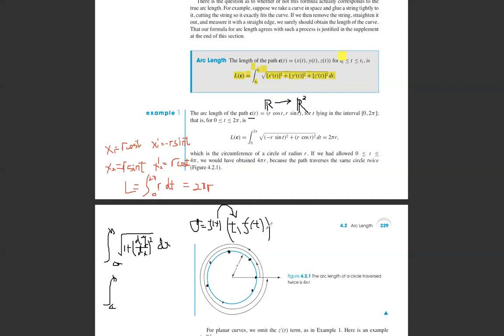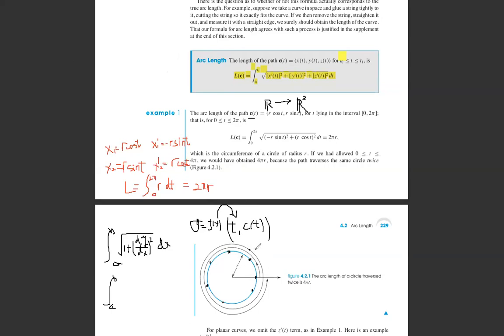So in this case, let me use different notation. You see here, c(t).